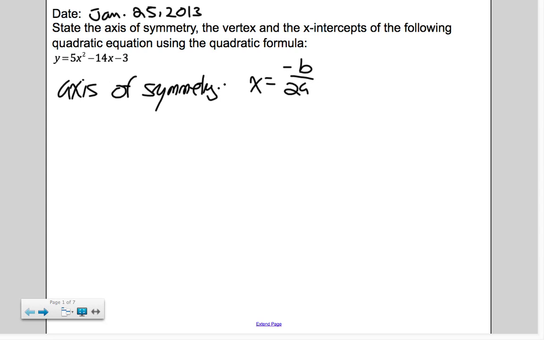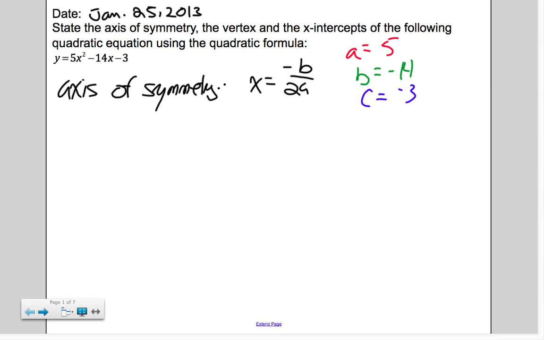So here, what's the value of a? 5. What's the value of b? Negative 14. And the value of c? Negative 3.